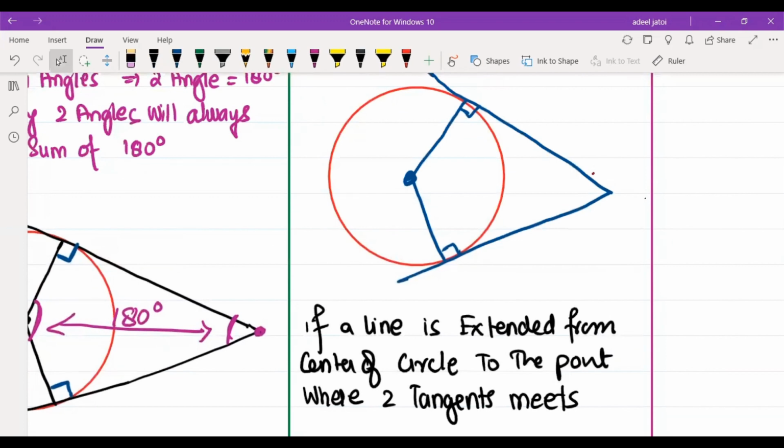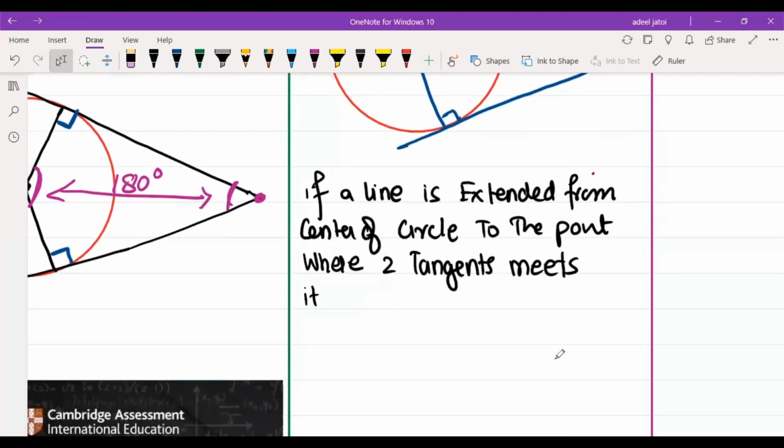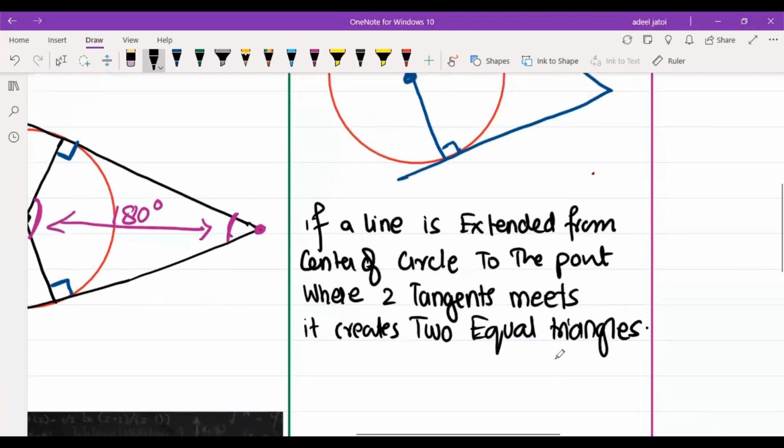In this case, what you need to understand is this is your center of the circle and this is your point where two tangents meet. If a line is extended from the center of the circle to the point where two tangents meet, it creates two equal triangles.